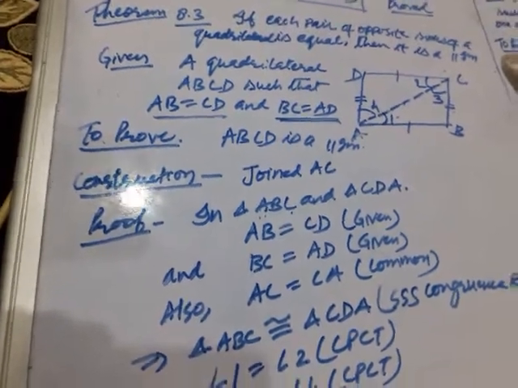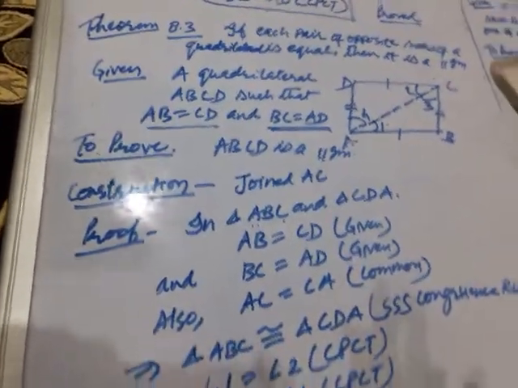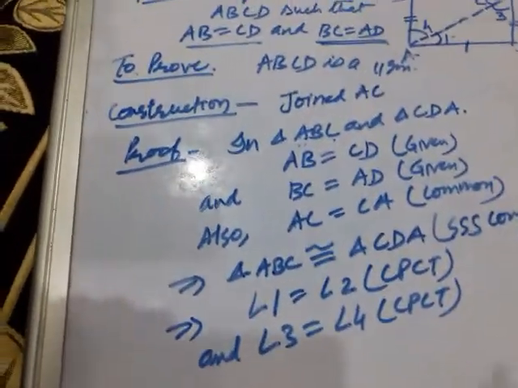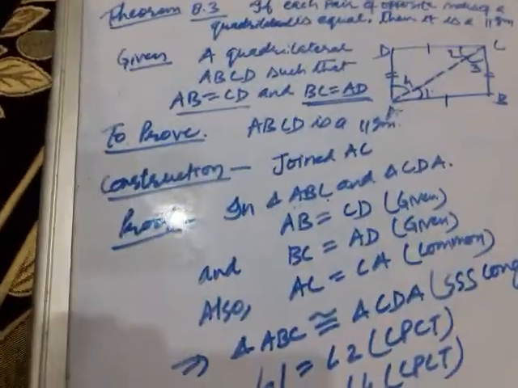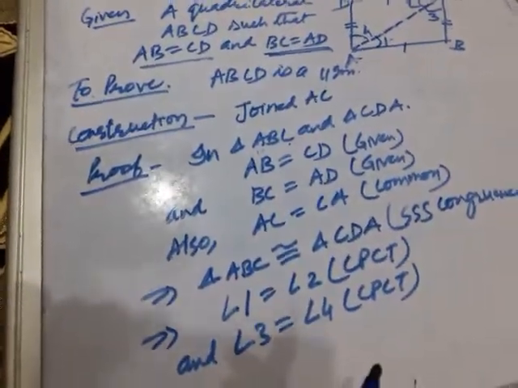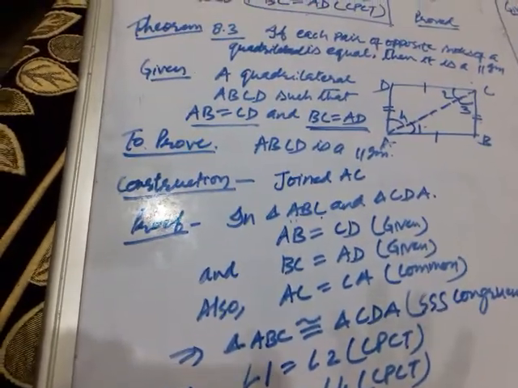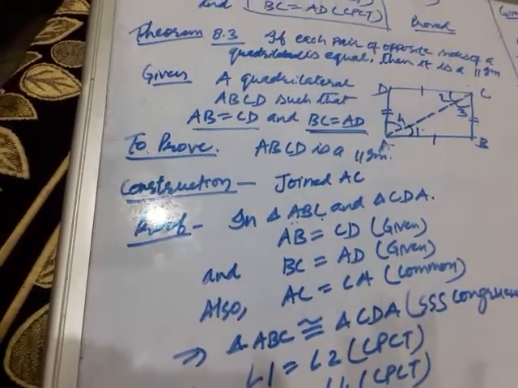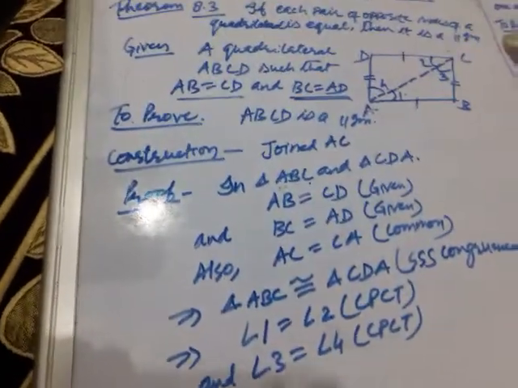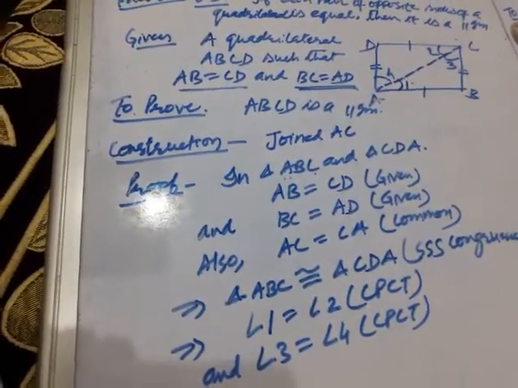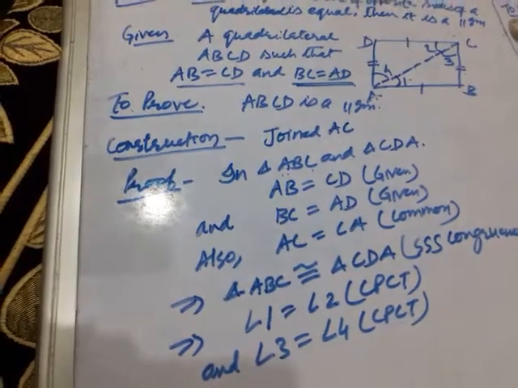Children, notice what we have to prove. We have to prove that quadrilateral ABCD is a parallelogram, and for that we have to show that opposite pairs of sides are parallel. Now, angle 1 equals angle 2.